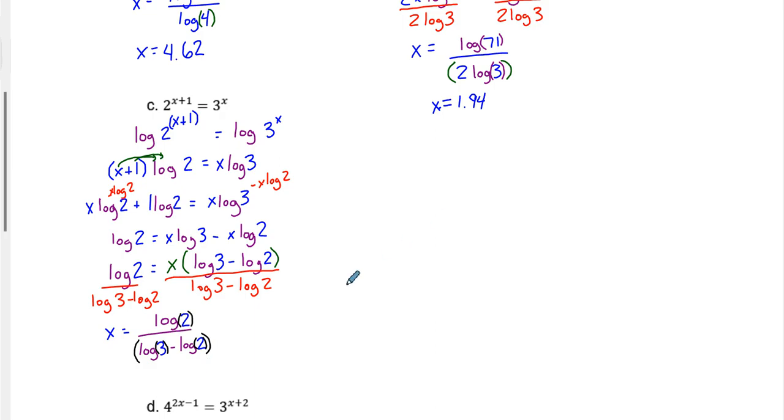Just know whether your calculator needs those parentheses or not, so you can accurately get an answer of 2 divided by, in parentheses, log 3 subtracting log 2, which is 1.71.